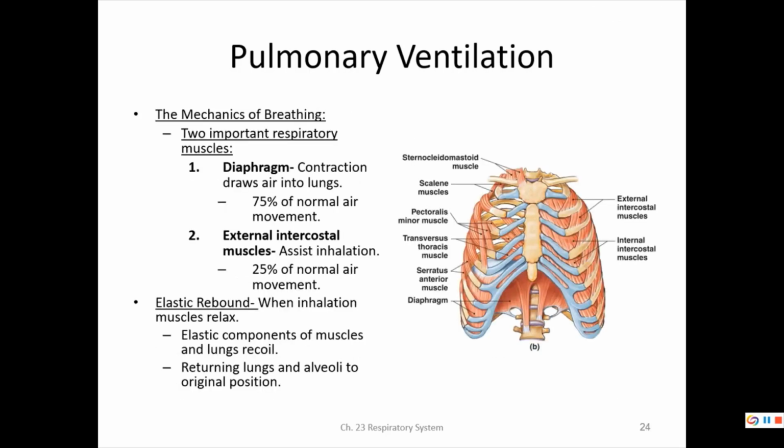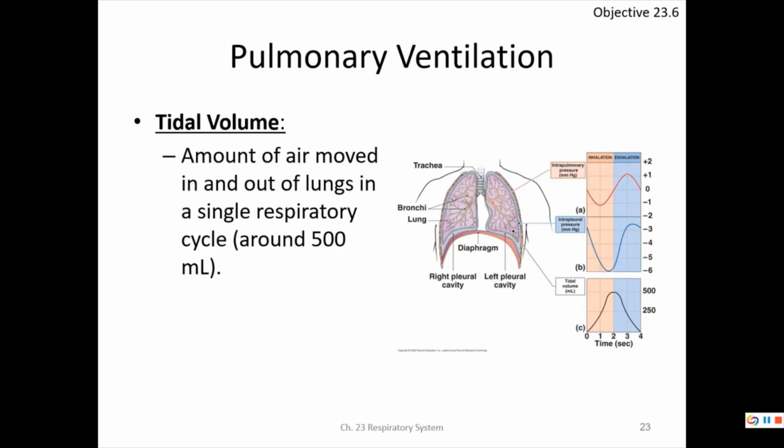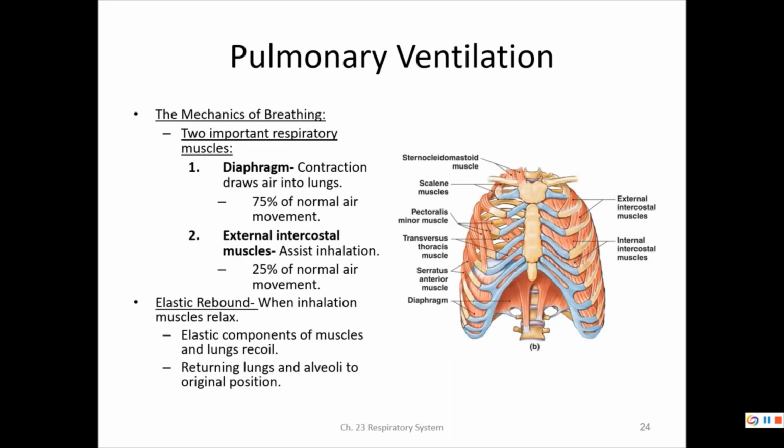But a tidal volume is the amount of air, usually around 500 mils. I can tell you that the entrance exam for Northeast State Nursing likes to ask that number. They've asked that in the past. They want to know 500 mils. That's how much we move in and out.